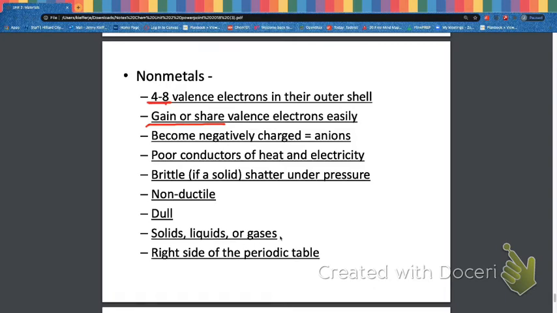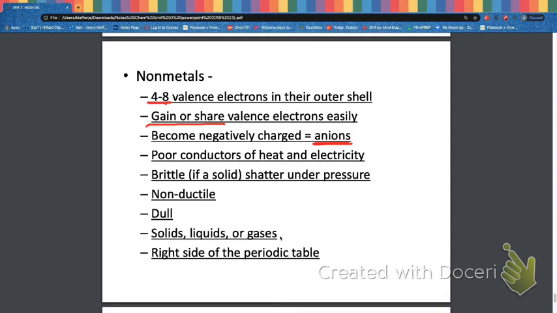And because of that, when nonmetals form a charged particle, form an ion, they become negatively charged, and they're called anions. Everything else is just the opposite of metals, right?